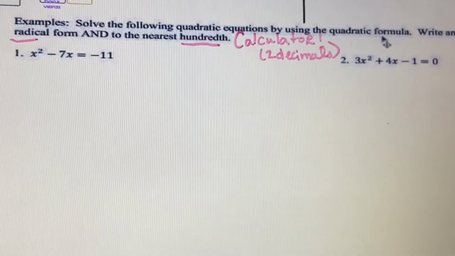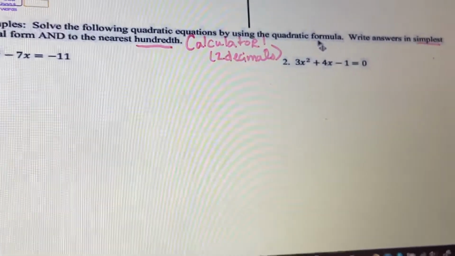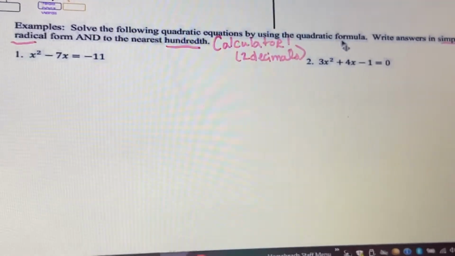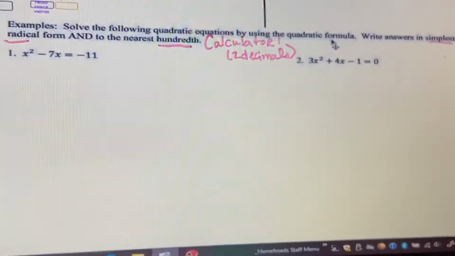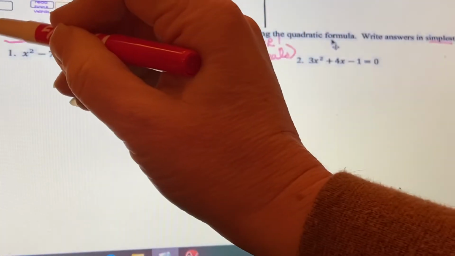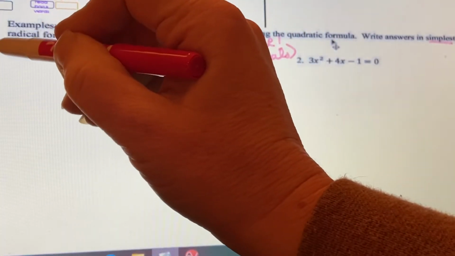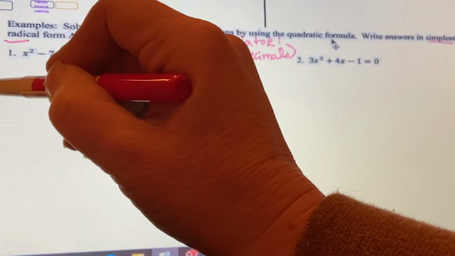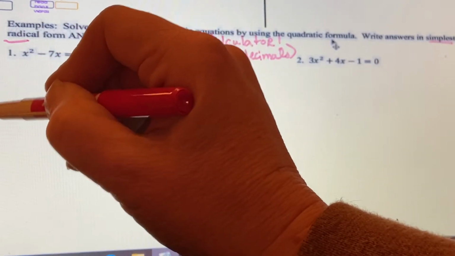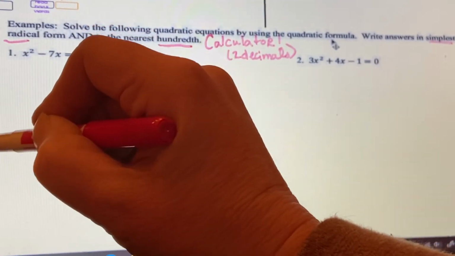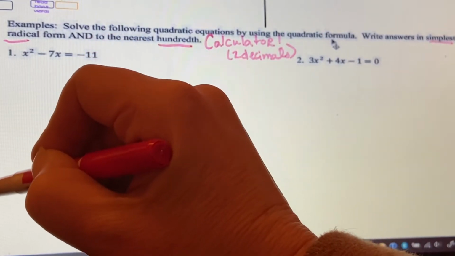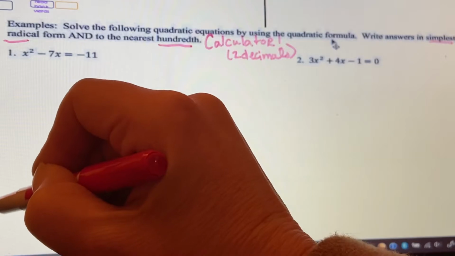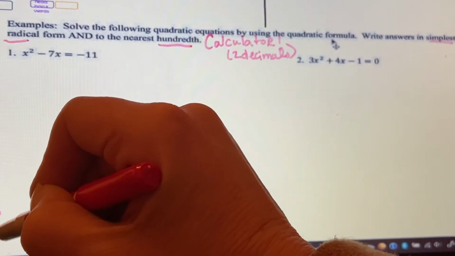Okay, so when it says simplest radical form, oh, this is getting so far away. Simplest radical form, we're going to be using our perfect squares list. So that's when we have to make 1, 4, 9, 16, 25, 36, 49, 64, 81, 121, and so on and so forth.